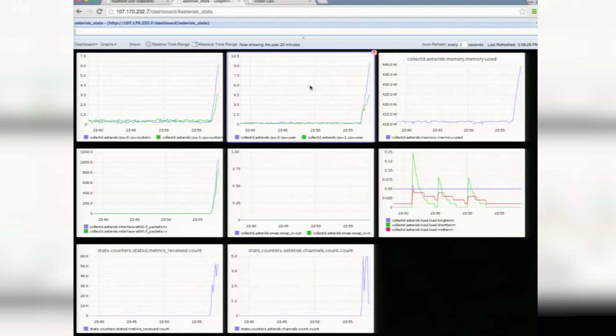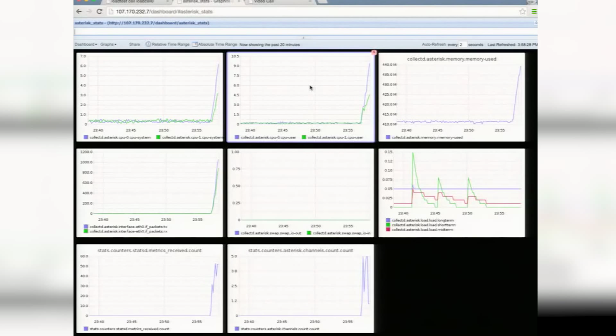This graph here is CPU usage, system and user, this one's the amount of memory being used. This one is load. This one is something or other, collectd. Can't remember. This one is bandwidth, and this is the amount of calls. So we can see there's around 50 calls going through Asterisk at the moment.